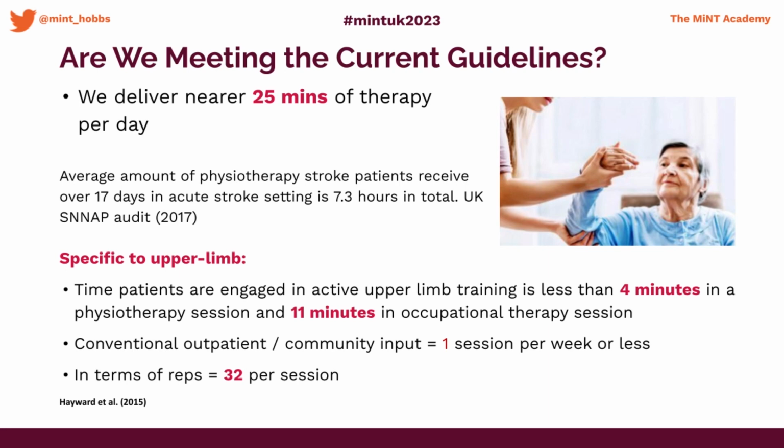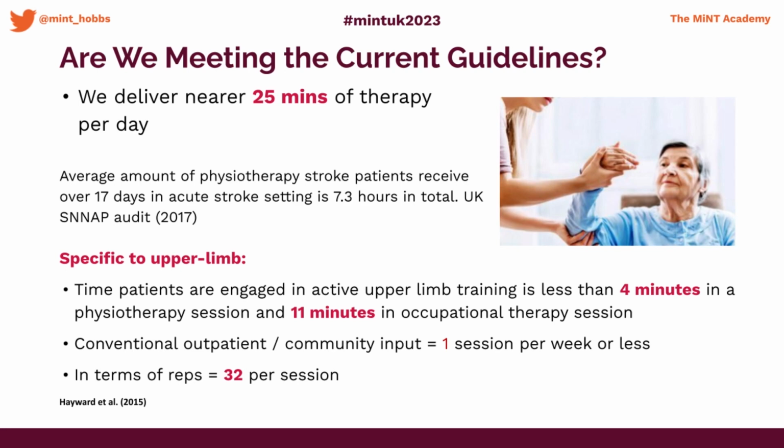And if we think of the upper limb in particular, this is really quite striking, and you can understand it from a functional point of view of someone having a stroke and wanting to be on their feet. But in physio sessions, this is found to be about 4 minutes a day, and in OT sessions, 11 minutes a day. So we're not getting the appropriate therapy for that appropriate goal, or the quantity up to the guideline of 45.